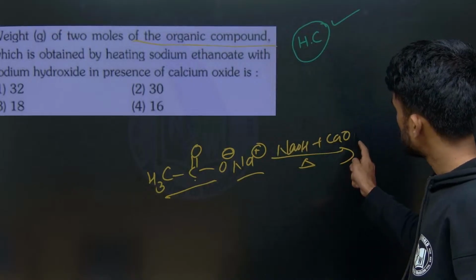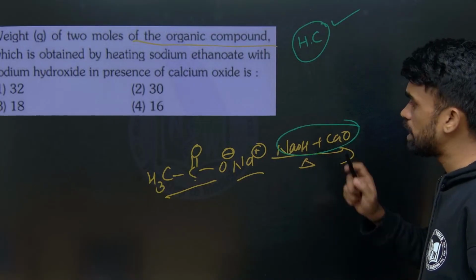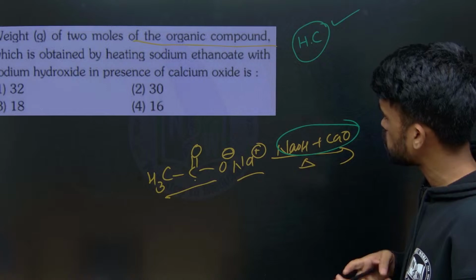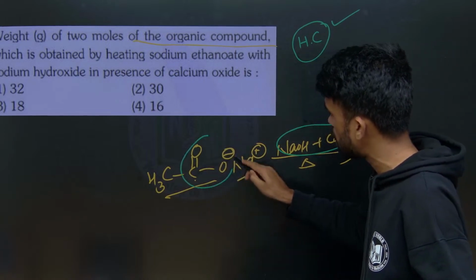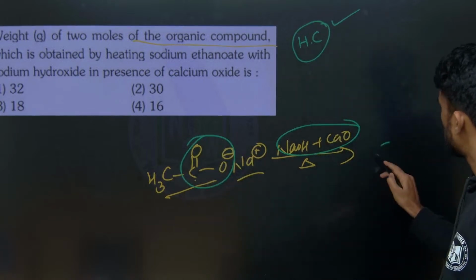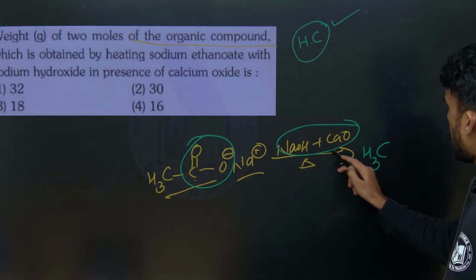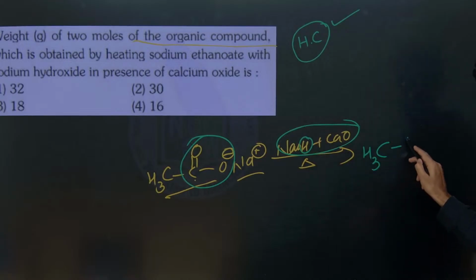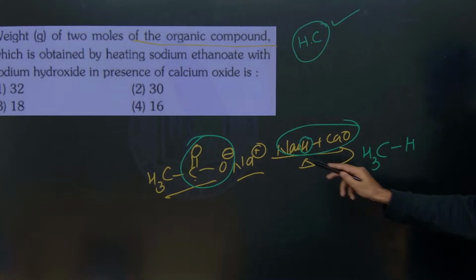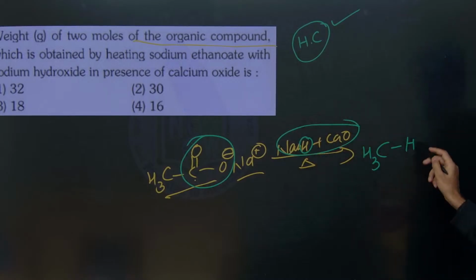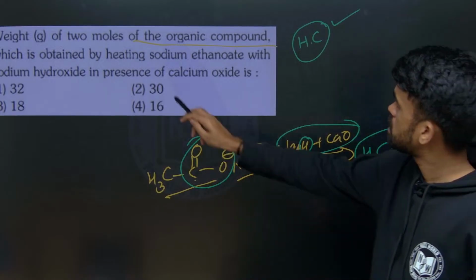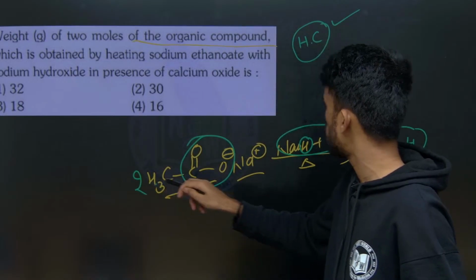Now, what will this do? It will decarboxylate. In decarboxylation, just remove the CO2 part. What is the remaining group? CH3. Add one hydrogen to that, CH3H. That's it. And the byproduct is Na2CO3. So like this we got. They are saying 2 moles of this compound will give.